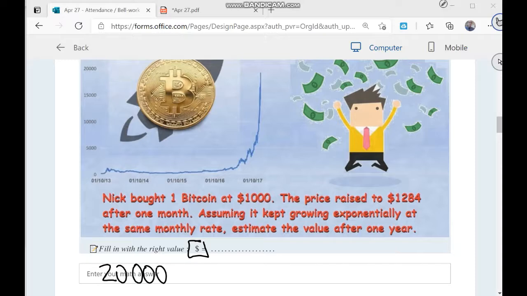And this actually happened from December 2016. The Bitcoin was worth about $1,000. And then on December 2017, the Bitcoin reached very close to $20,000. This actually happened, was an exponential growth, very quick, very fast growth, and a lot of people made a lot of money out of it.